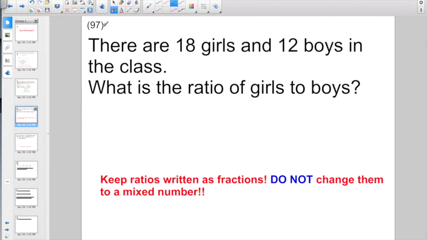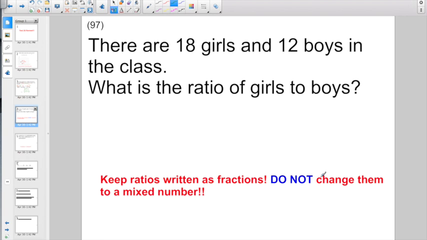Check out this one coming at us from not too long ago in lesson 97. There's 18 girls and 12 boys in the class, and they want to know the ratio of girls to boys. Couple reminders down here. Keep ratios written like a fraction.